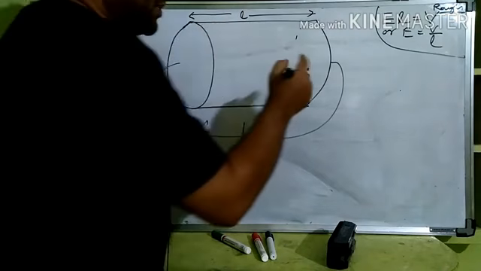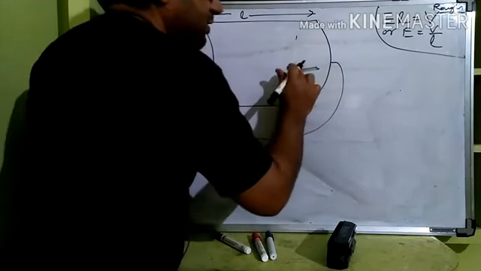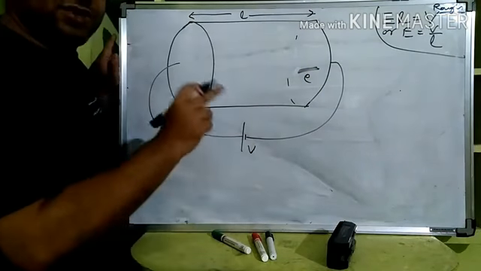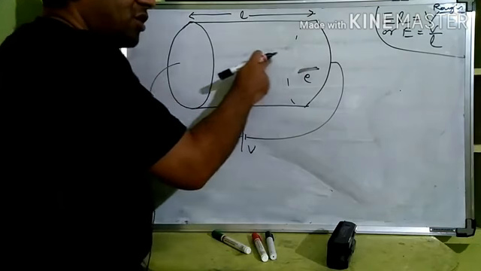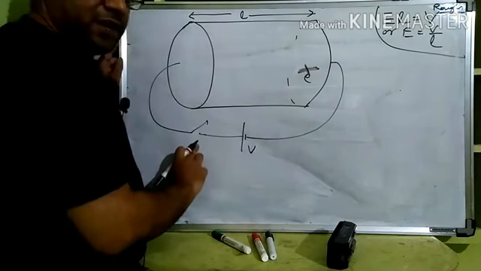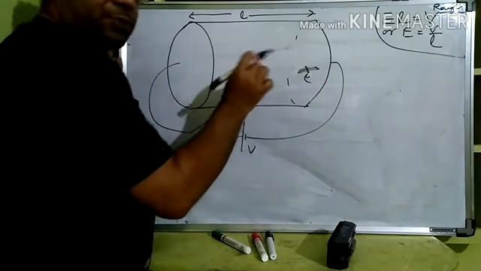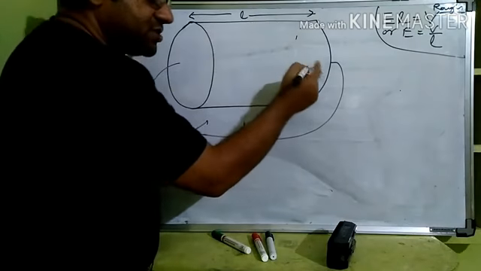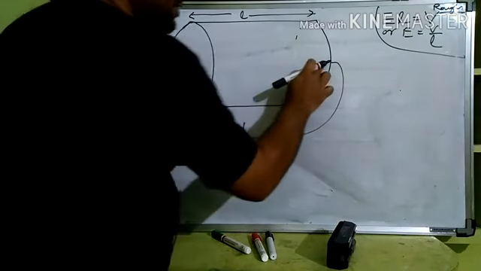Because of the room temperature, it was vibrating there, so it was having some velocity already. But because of that velocity, it was not changing its position. Before this electric field was applied, it was vibrating about a particular point only, that is the mean position. That position was not changing with respect to time, right?